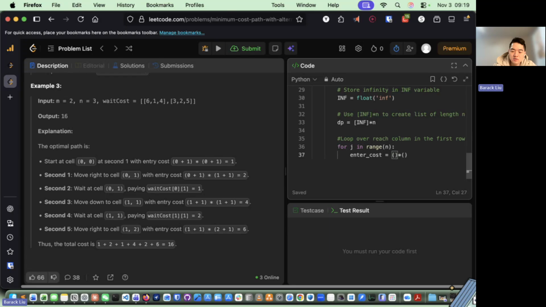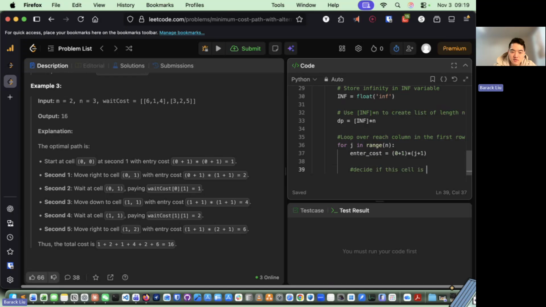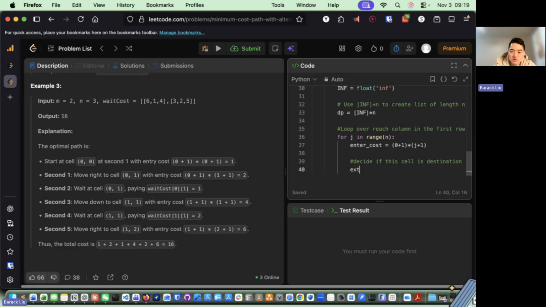And costs. So this is the first row. And also we need to figure out the wait cost, right? So we need to decide if this cell is the destination, right? If it is the destination, no wait cost. If not, we need to add an extra cost.